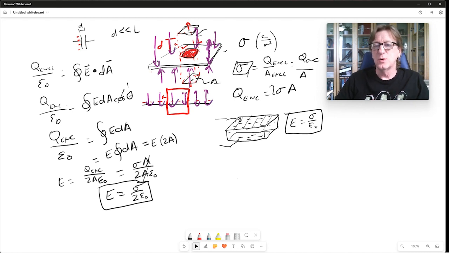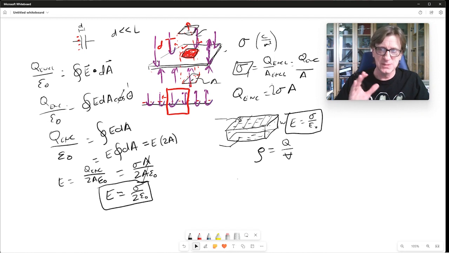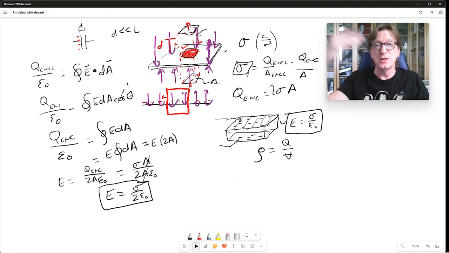So in this course, if we have an actual volume charge, I will use rho, and you will need to know the thickness of that plate. Rho would be Q divided by the volume. I will not use sigma, the area charge density, to represent something for a thick plate. We'll just be nice and specific about that and always use rho. But you need to be prepared for when you get out in the real world, because you're going to see this pretty much all the time.